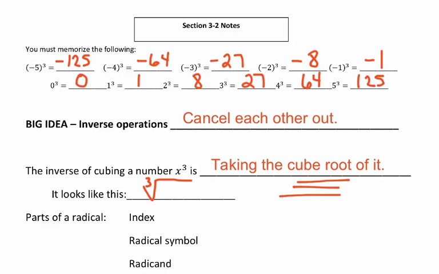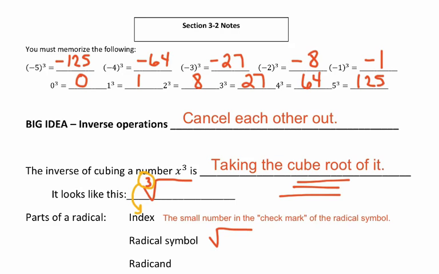So the parts of a radical, we've talked about these before, except for the index. The index is the teeny tiny number in the check mark. So in the cube root, the index is 3. The radical symbol is simply what you know as the square root sign.